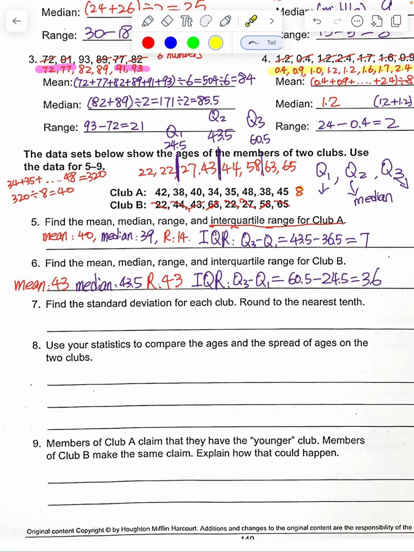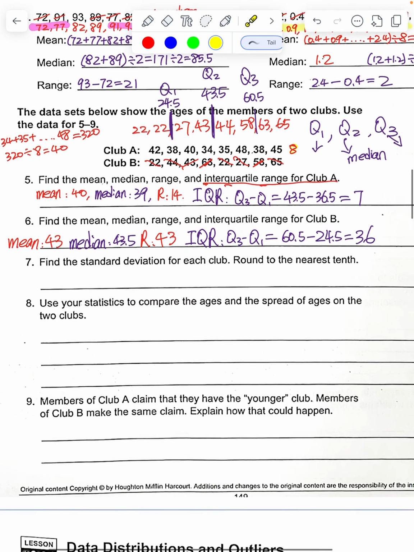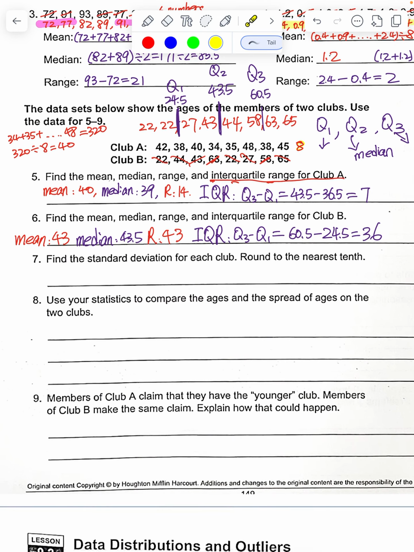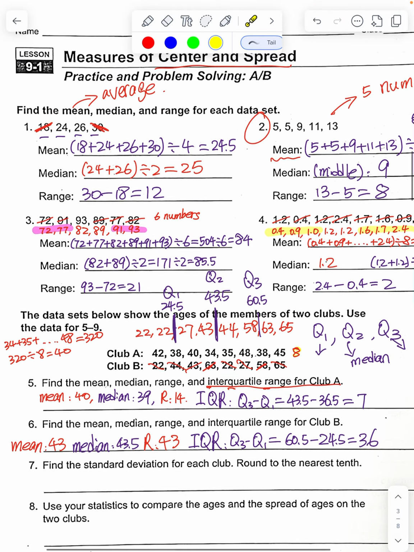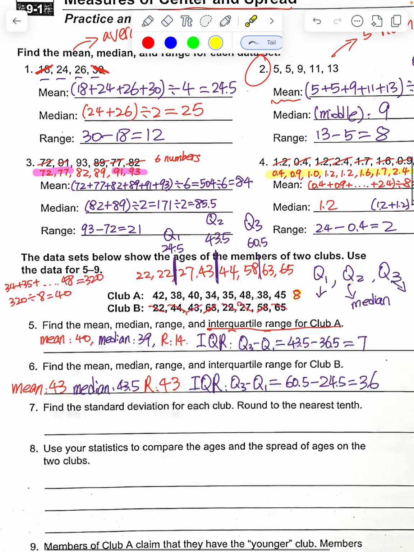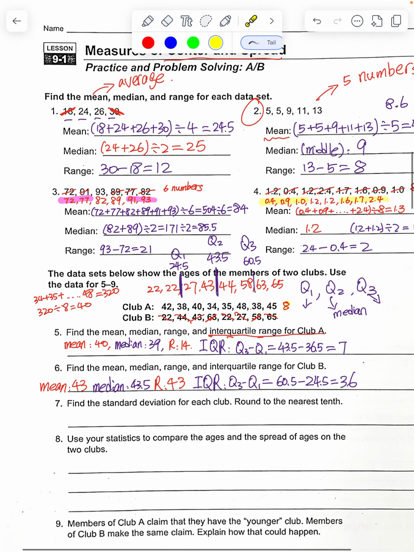Use your statistics to compare the center and the spread of the 2 clubs. This is also optional, okay? For lesson 9.1, as long as you finish all the questions from 1 to 6, then you're good.